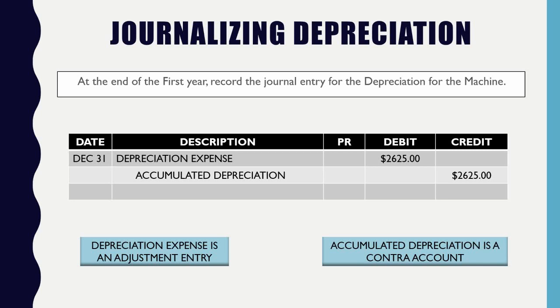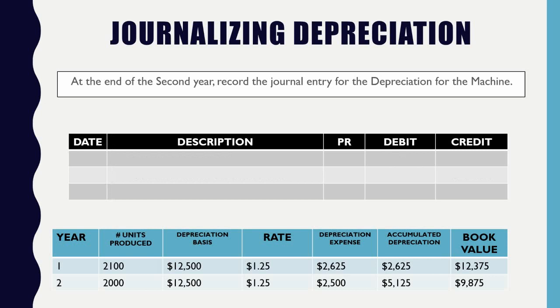Now, what happens if I had to do it for the second year? The second year rolls around. It's still December 31st, but this time I produced 2,000 units, giving me a depreciation expense of 2,500.